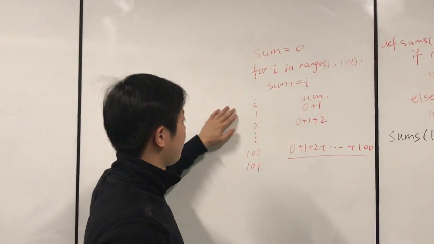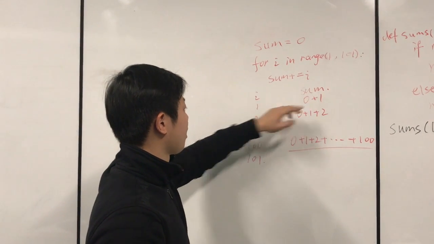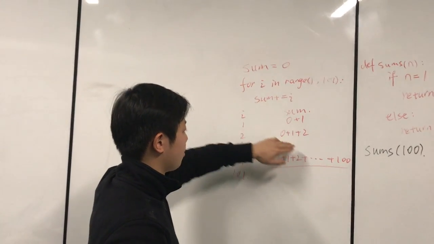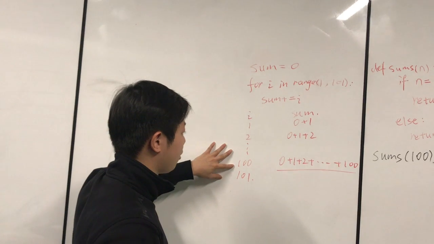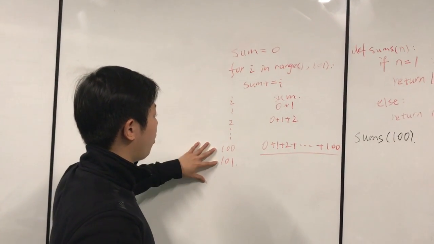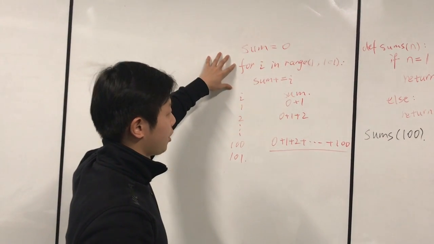If i equals 1, you add 1 to the sum, and when i comes to 2, you add 2 to the previous sum, and when i hits 100, you get your sum from 1 to 100. If it tries to get to 101, it breaks out of the loop.